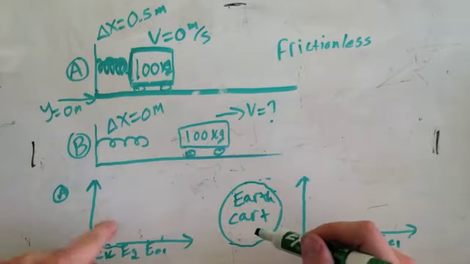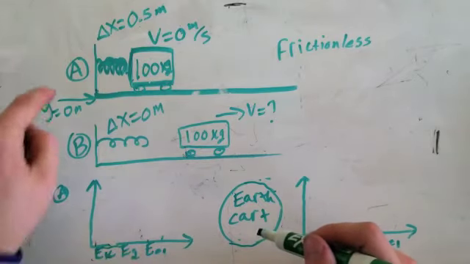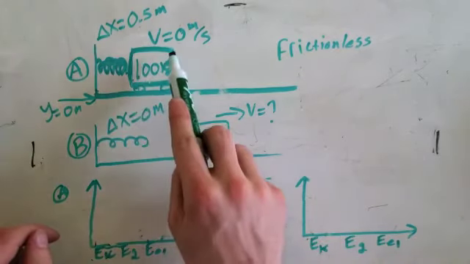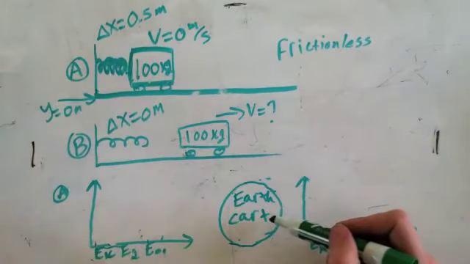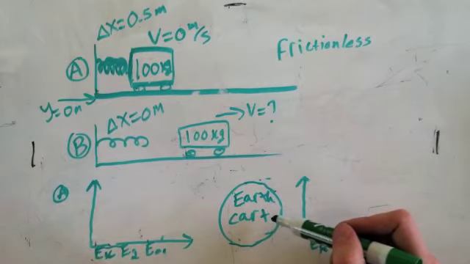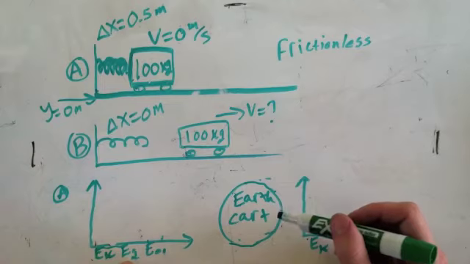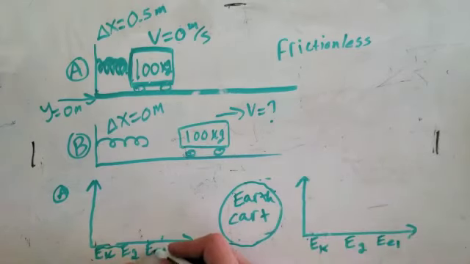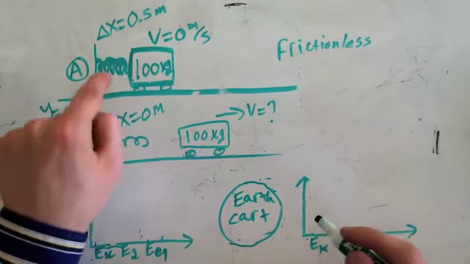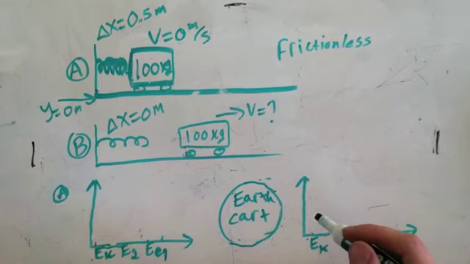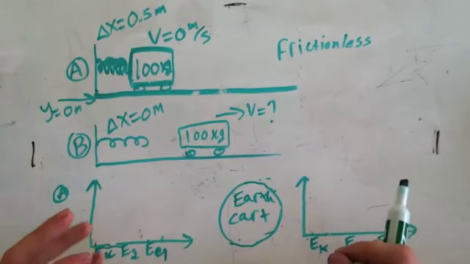So when I go to do a map for A, well, the cart has no kinetic energy. The cart's at a height of 0, that's my reference, so there's no gravitational potential. And because I'm not including my spring, the cart itself has no elastic, so there's no energy in my system to start.